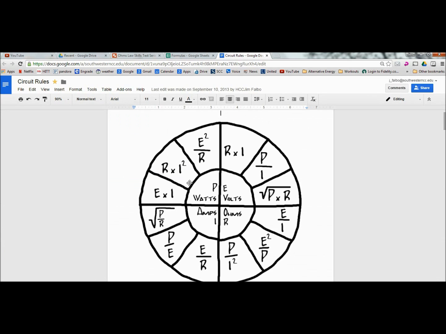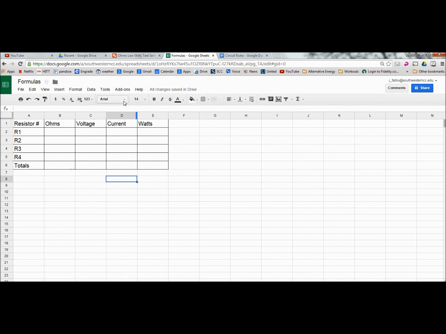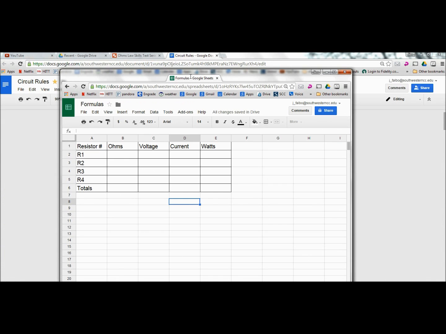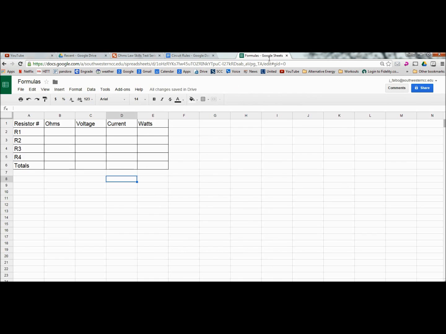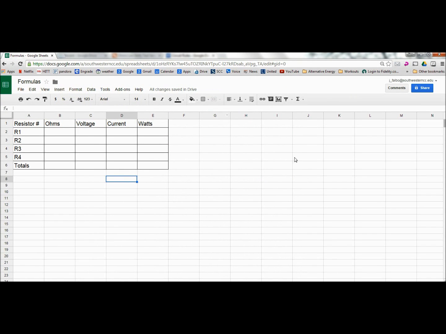Now we're going to be doing some formulas off of our Ohm's law wheel here like we've done in the past. So we have a 100, 220, 330, 1K, and I'd like to look at this circuit at the same time that I'm doing my analysis. So I'm going to left click this tab and drag it out so I can put my spreadsheet outside of the browser window and minimize.